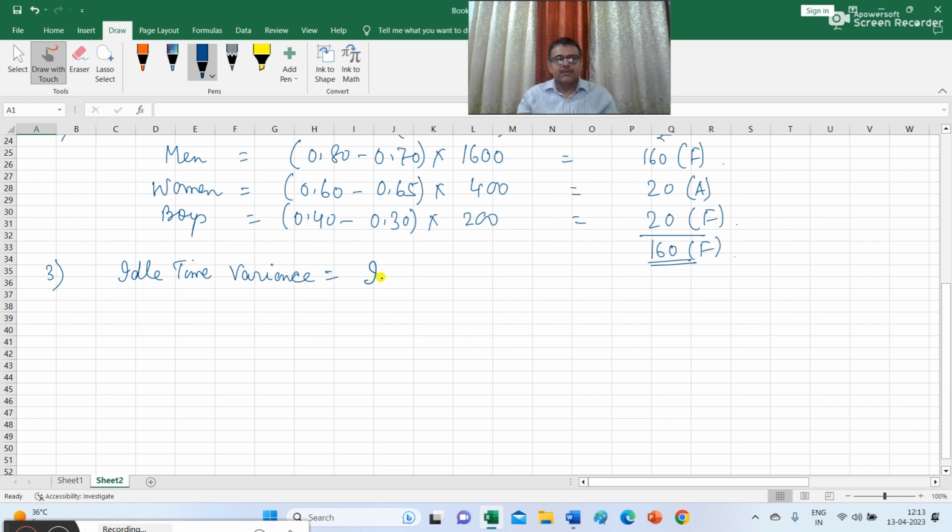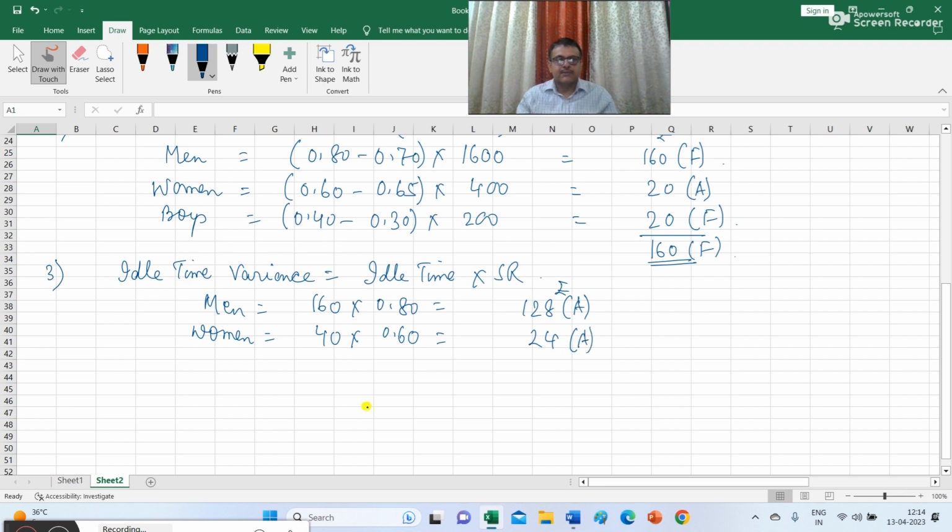So idle time variance is simply idle time, multiplied with standard rate. So for men, 160 hours, multiply this with 80 paise and you will get 120 adverse. Women, this is 40 hours, multiply this with 60 paise and you will get 24 adverse.